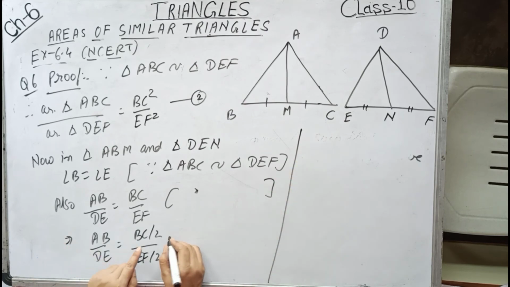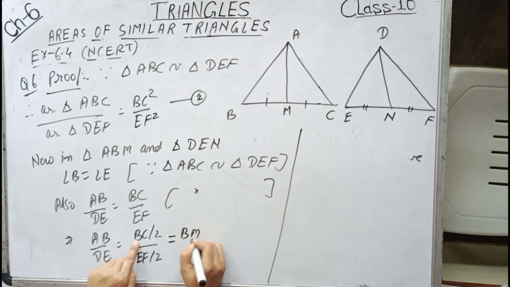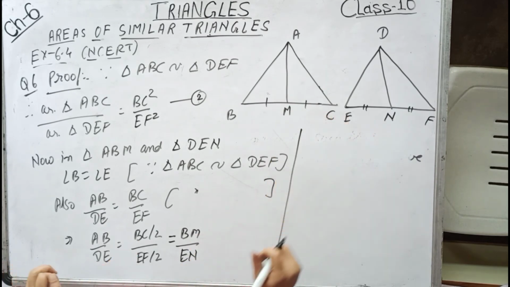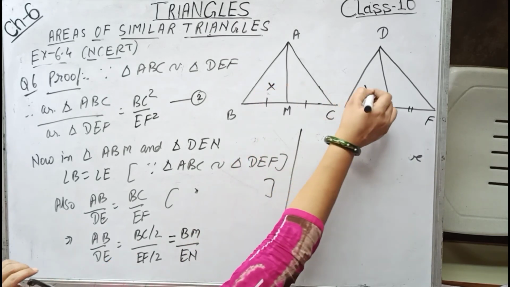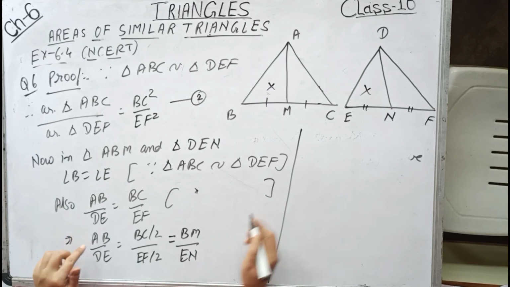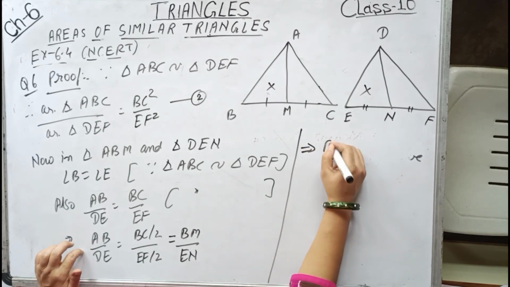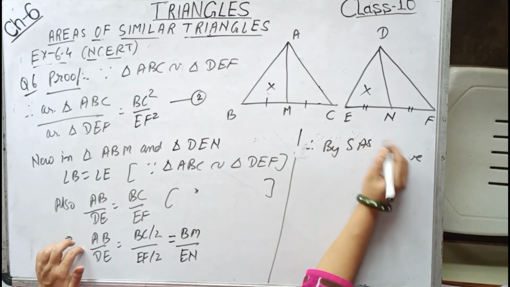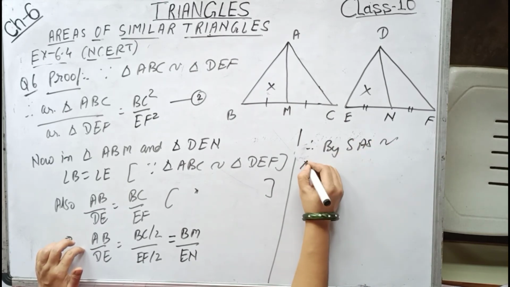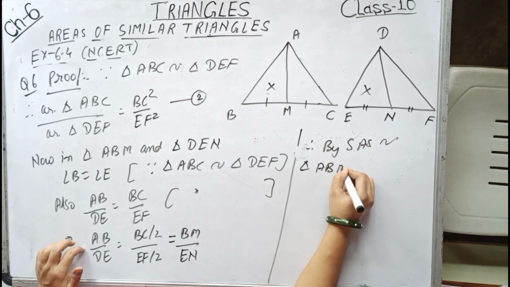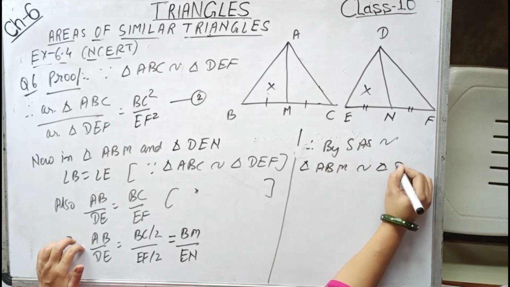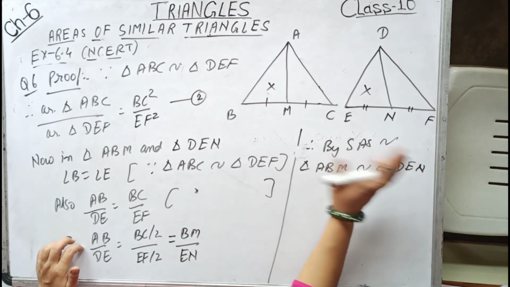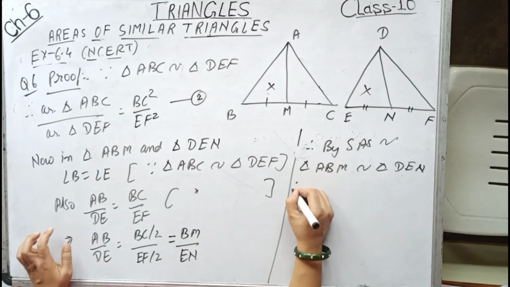So now BC by 2 equals, we will be writing over here, BM by EN. You can write CM by FN also, but I want to prove these two triangles similar. Therefore by SAS similarity, triangle ABM is similar to triangle DEN. Now when they are similar, sides will be in proportion.